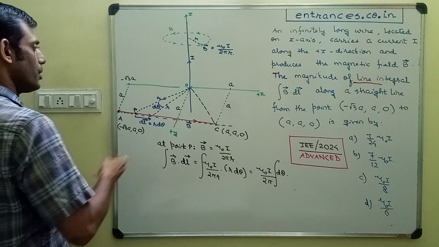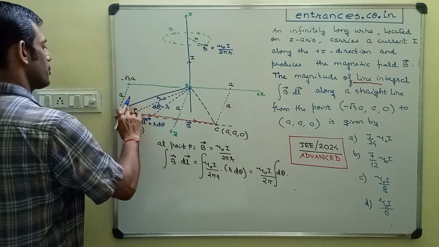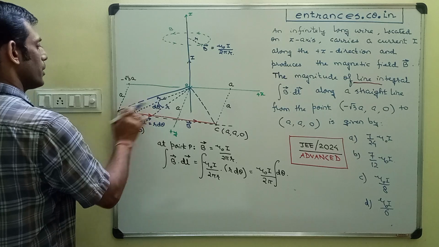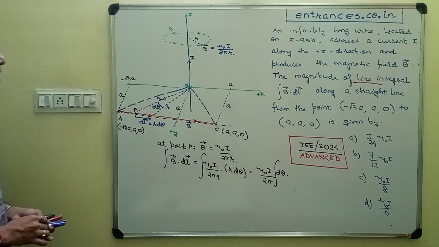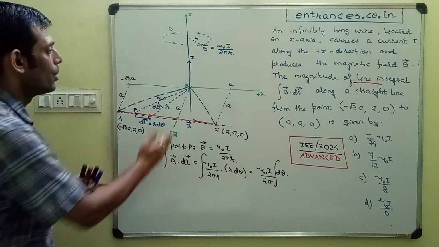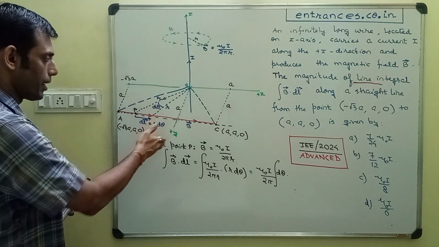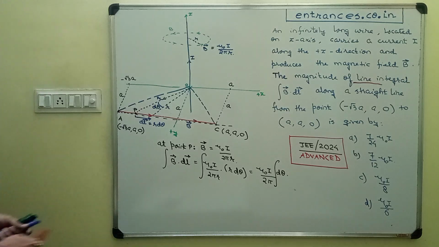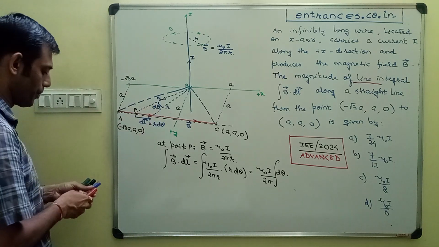So A joined to the origin through a straight line path gives you a path like this. Now, how much angle does OA make with the direction of the y-axis? The angle that this makes is very easily obtainable.